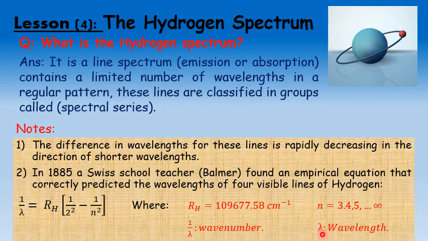And lambda, as you know, is the wavelength. So in general, this rule is used to calculate the wavelength of each line belonging to what? To the Balmer series. And as we said, we have 4 visible lines.